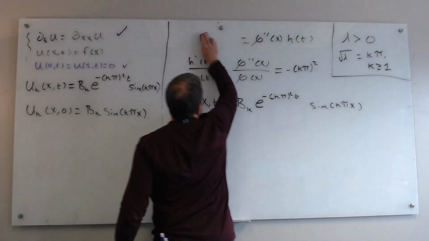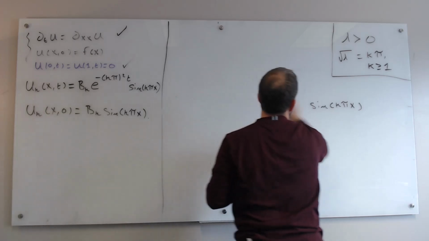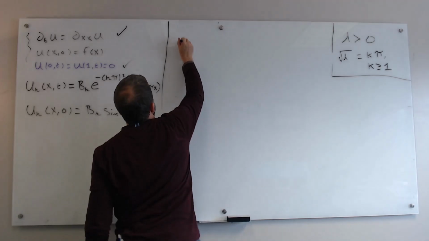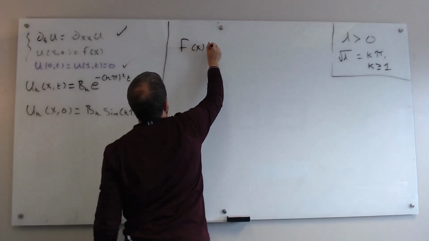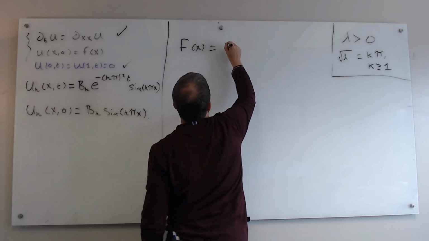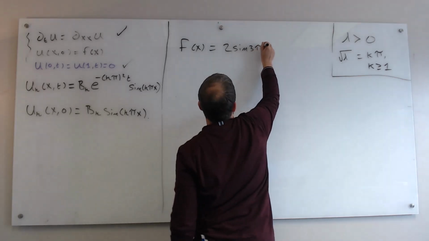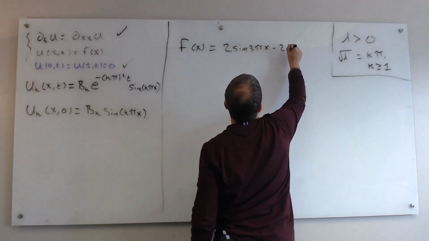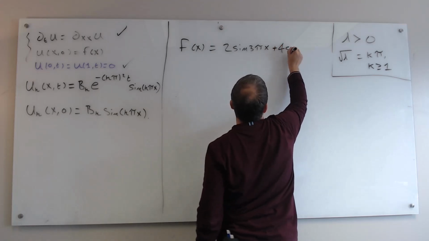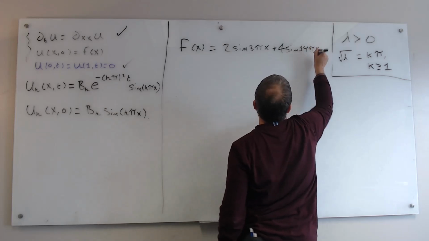But maybe we can look at something a little more general than just f being equal to one sine function. What if we know f of x is equal to, let's say, 2 sine 3 pi x plus 4 sine 19 pi x.